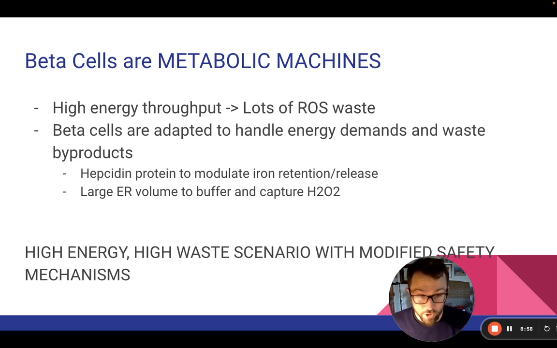Anywhere where there's energy, there's going to be a lot of iron, ironically, pun intended. So mitochondria, energy rich. If they're creating energy, they also have to be iron rich. If they're creating a lot of energy, they also have to be very ROS rich. So beta cells themselves, because of how metabolically active they are, they have very active mitochondria.